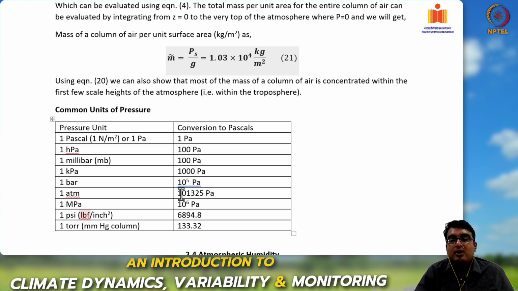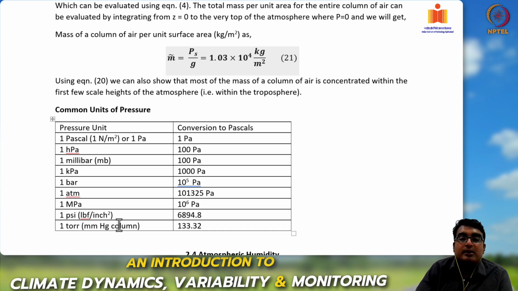So, this becomes 1.01325 bars or 101.325 kilopascals. Okay. Then you have one of the highest units of pressure, 1 megapascal, which is equal to 10 to the power 6 pascals. So, these are all basically units in terms of pascals except the 1 atmosphere unit, which is slightly different from units of orders of 10.